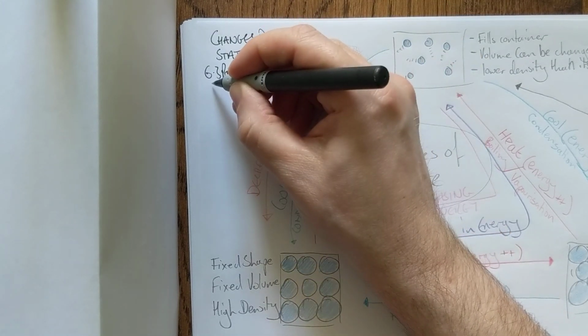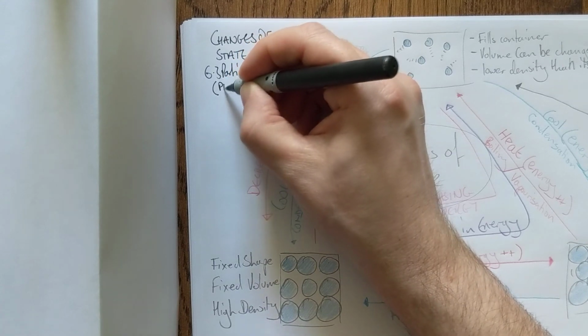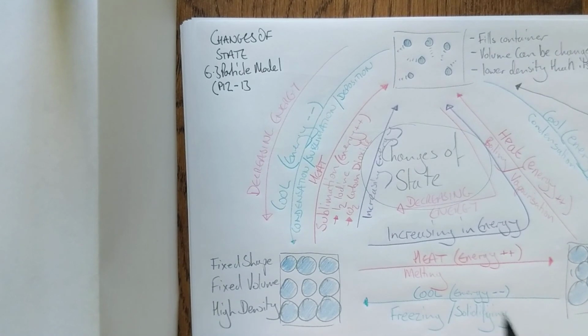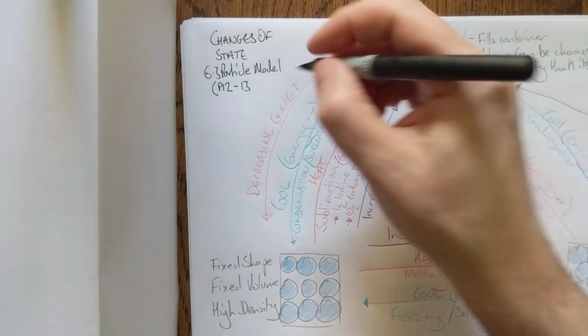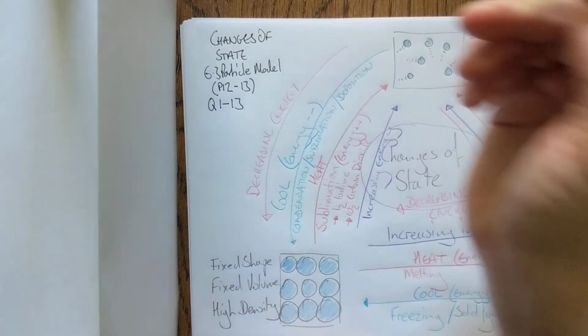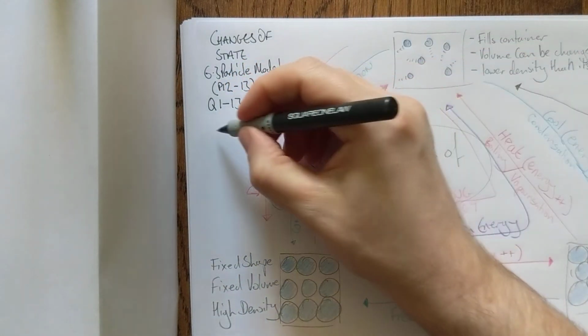And I believe it is page 12 to 13. And what I'd like you to do is read that section where it says change the state. It covers basically what I've just covered in this video. And then I want you to answer questions 1 to 13.